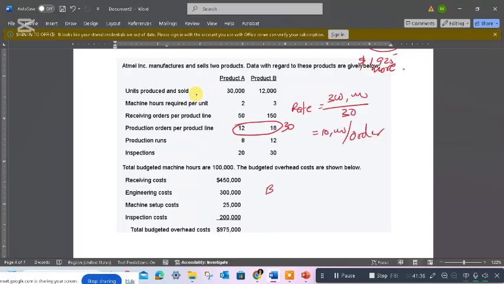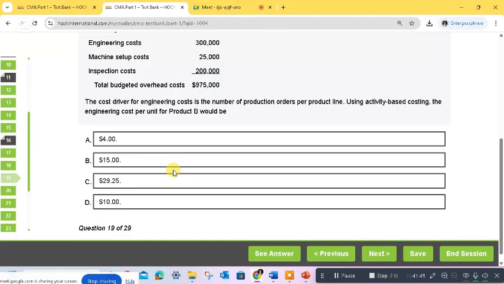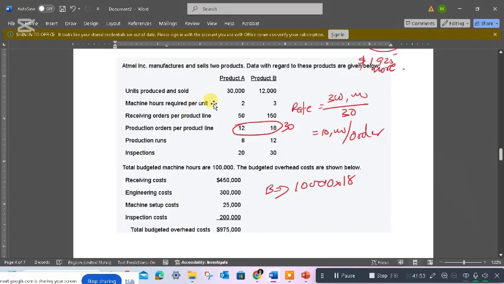Now product B, 10,000 per order. How many orders for that? 18 orders. But they ask per unit. Look at the requirement. Requirement is cost per unit of product B. Product B, how many units are there? 12,000 units are there. This is for all 12,000 units, right? So if they ask per unit, divide by 12,000. 15 per unit.